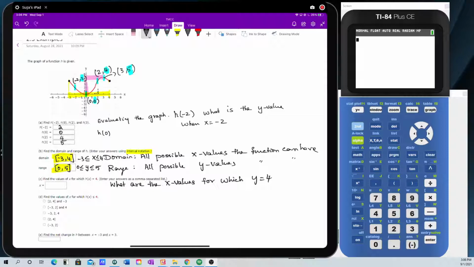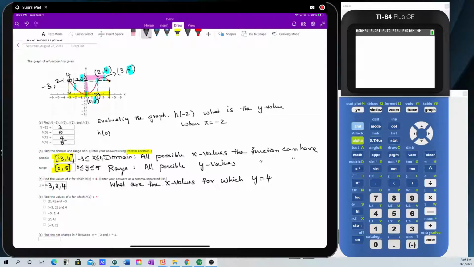So y is 4 is this, y is 4 is that point. So if I look up here, this is the first x value it can have, which is -3. Then if I go here, this is the next value it can have, which is 2. And then if I keep on going, this is the next value it can have, which is 4. So the answers are going to be -3, 2, and 4.